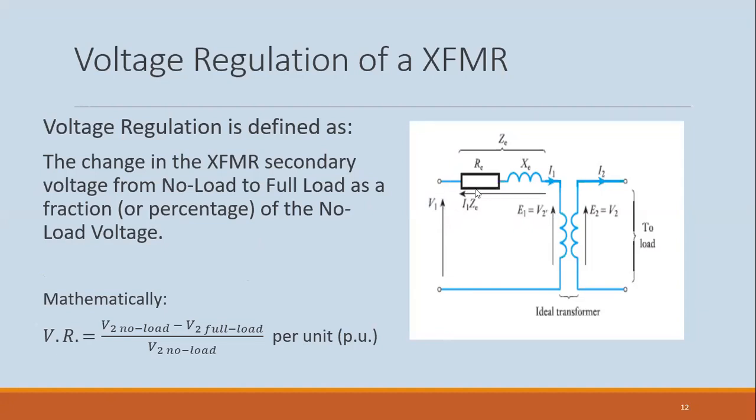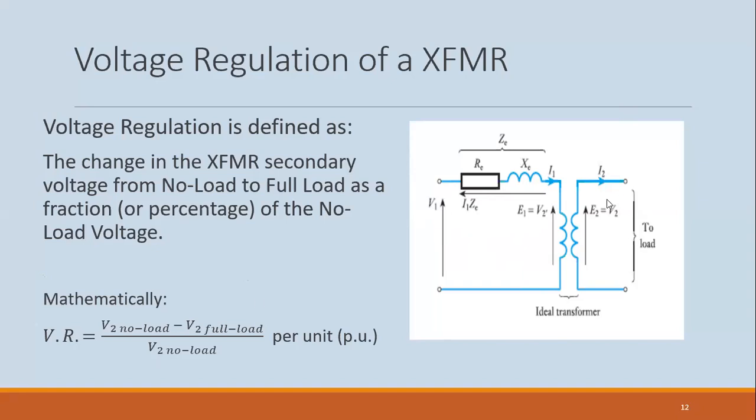So V1 would be equal to I1 ZE plus E1. That is at any load, because at no load, I1 theoretically is 0. So then V1 would be equal to E1.